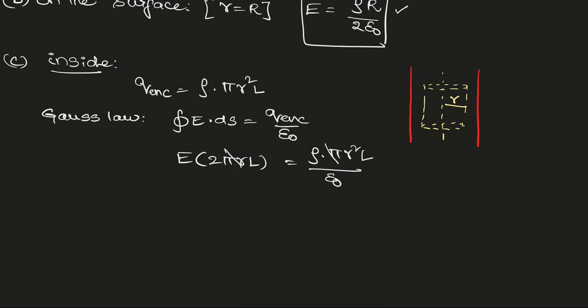So pi gets cancelled, r gets cancelled, L gets cancelled. We'll get electric field as rho r by 2 epsilon naught.